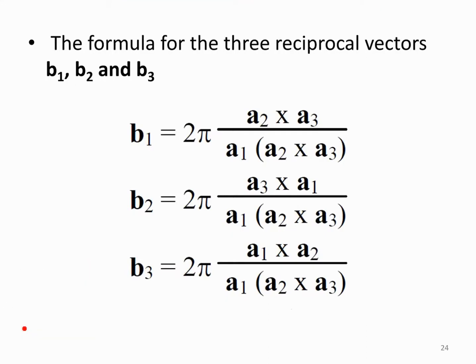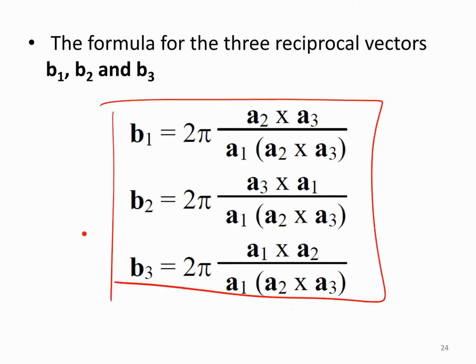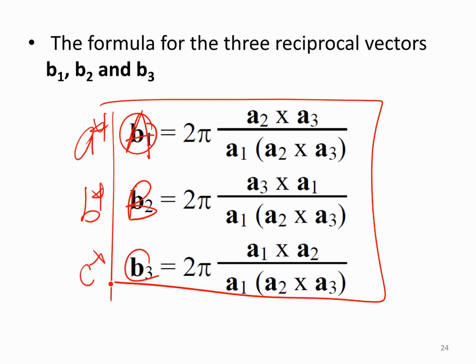Okay, do you still remember this equation? b1 here represents the reciprocal vector, or if you like, you can call it a, b, c, or you can call it a star, b star, c star. They are the same, okay?